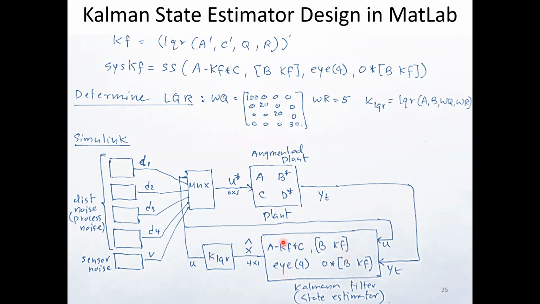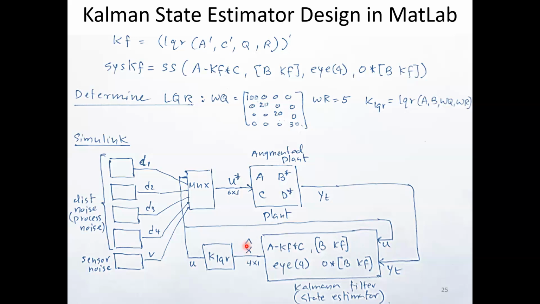So for the Kalman filter to estimate the states, you need to give it the control signal and the output, the measurement. Whatever measurement you make out of the plant using a sensor, you have to give that to the Kalman filter, along with the control signal. Then it will produce the states.